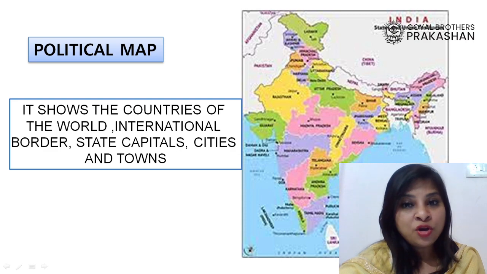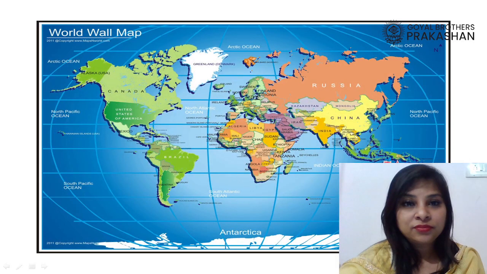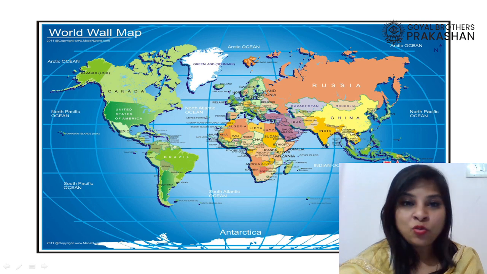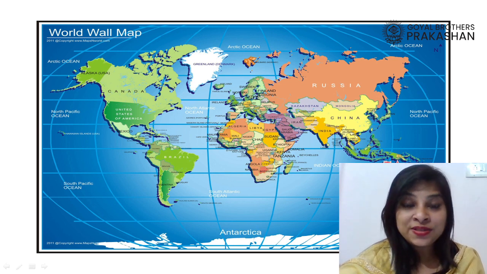So this is your political map. The world wall map, the political map, is on your screen, so you can have a look. And you can see the oceans, you can see countries with their capitals, continents.